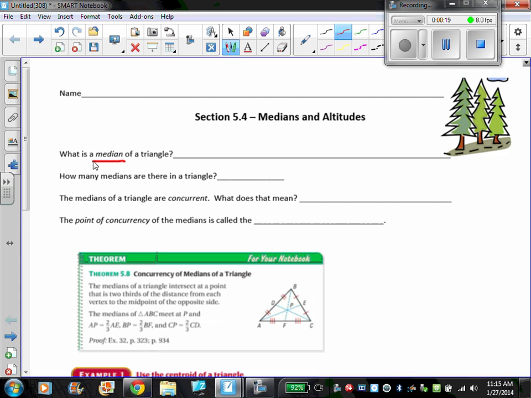What is it? Well, it is a segment going from one vertex in a triangle to the opposite side's midpoint.